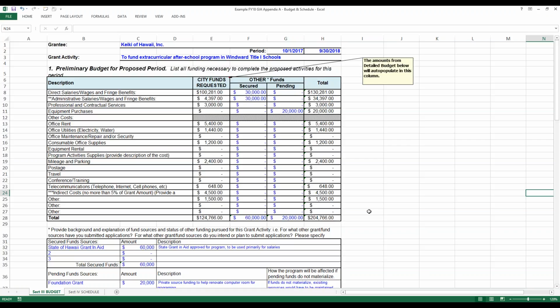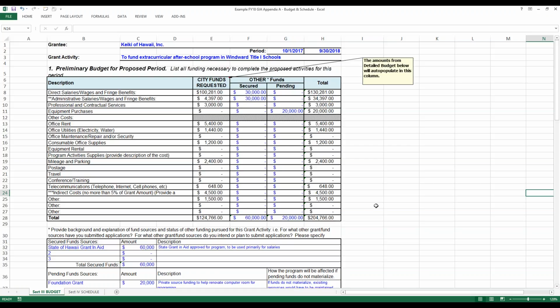What it means is that every month, as you complete your deliverables, you incur the cost associated with those deliverables. And every month you will be requesting a reimbursement for those expenditures. The city will pay you back or reimburse for the eligible incurred expenditures, taking into account the completion of grant activities. So something to note as you fill out the application.